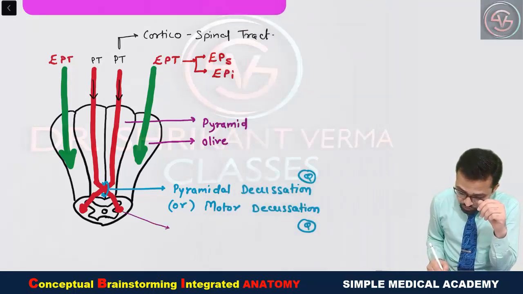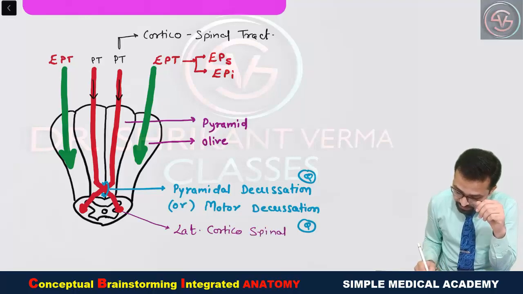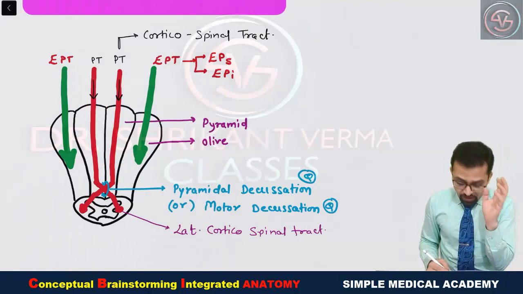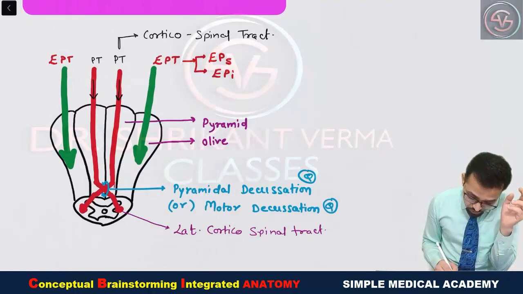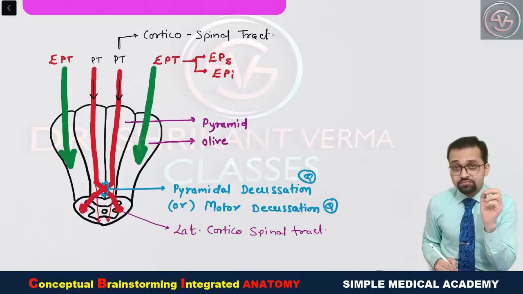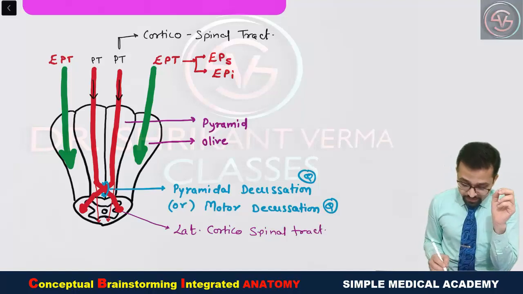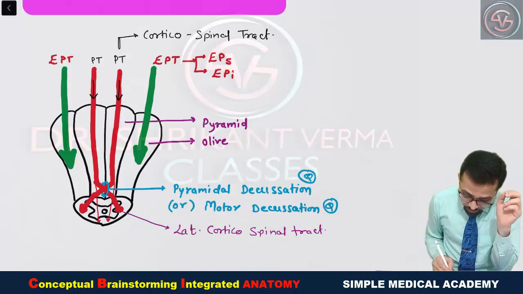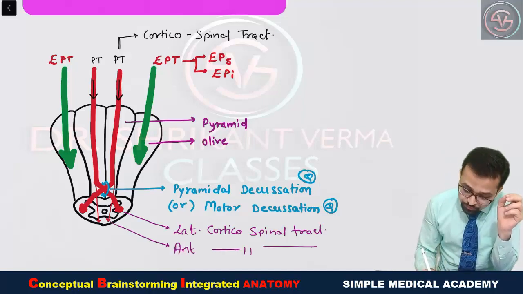This bundle of axons is known as the lateral corticospinal tract, while very few fibers do not cross and reach the anterior part of the spinal cord. They make another bundle, known as the anterior corticospinal tract. So the corticospinal tract is of two types: lateral corticospinal tract and anterior corticospinal tract.